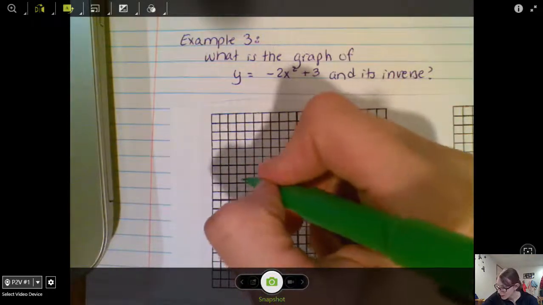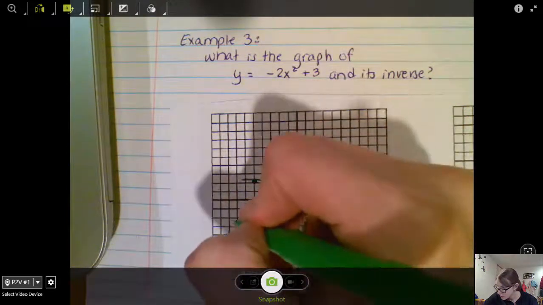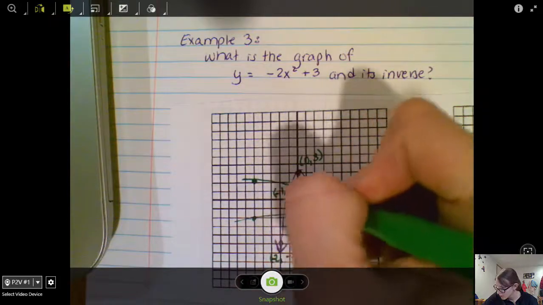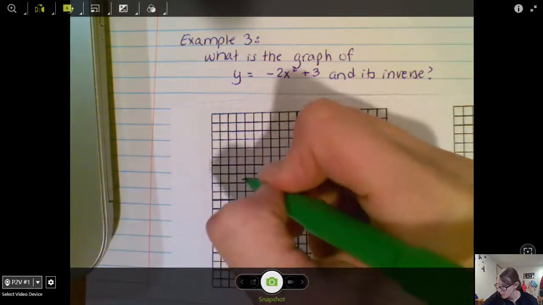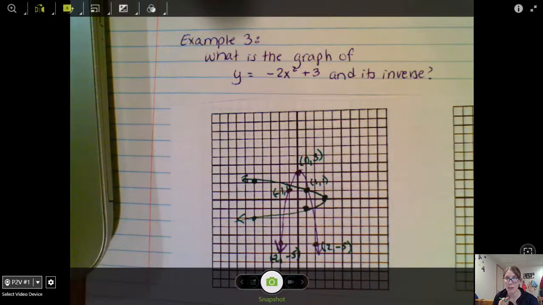So my inverse here looks something like this, my green line. And again, as I mentioned, my inverse isn't always going to be a function. It's not in this case.